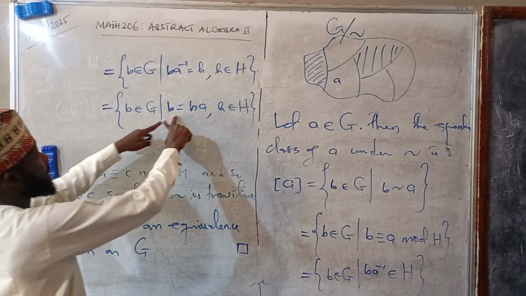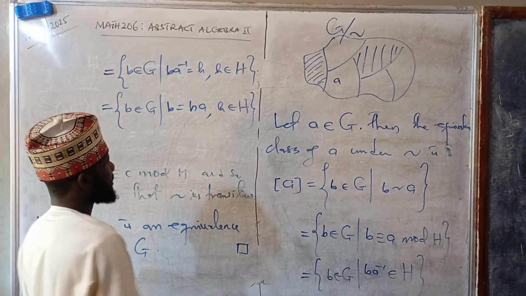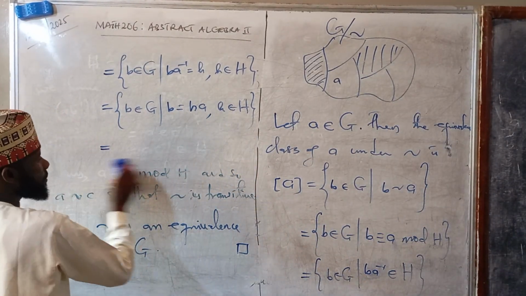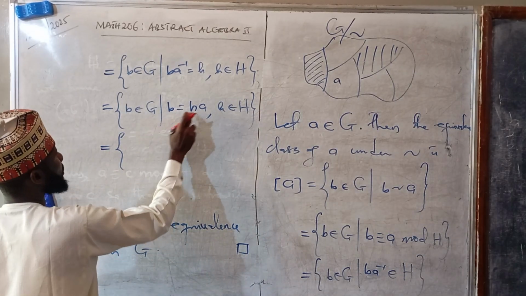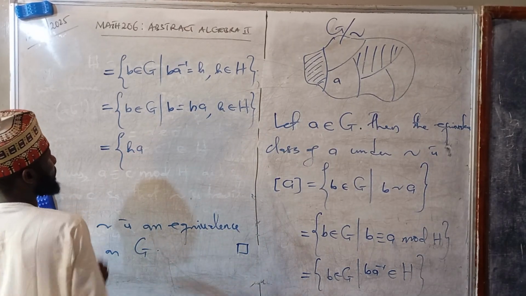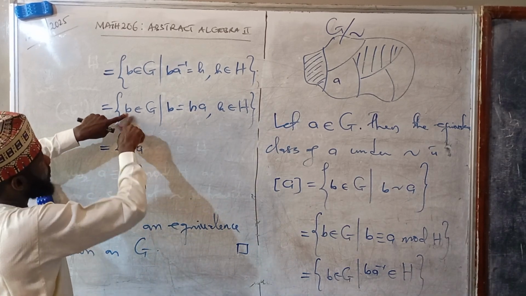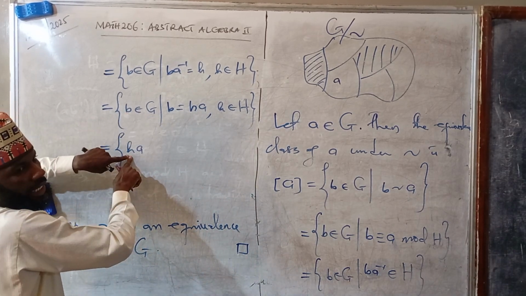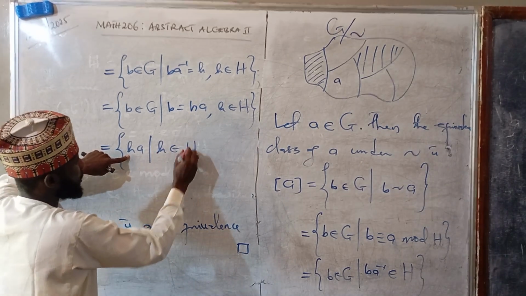That is the very reason: I want to write B in terms of A, not in terms of A inverse. So this particular B is just hA, which means those B that I'm looking for in G are the B that are written as h times A, where h is an element of H.